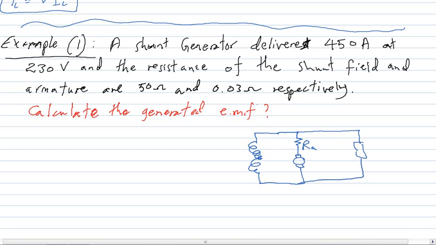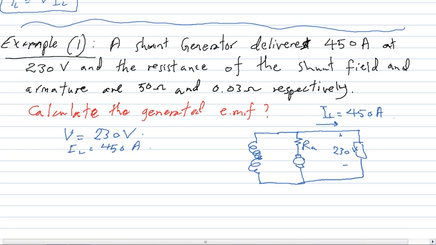He said that it delivers 450 amps, which means that the I load, the current that the load is consuming, is 450 amps at 230 volt. This means that the voltage across the load is 230 volt. It means that the terminal voltage V on the generator is 230 volt.